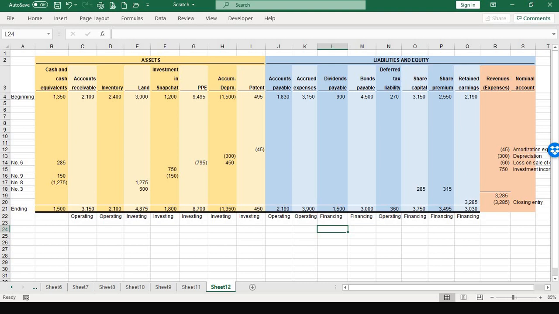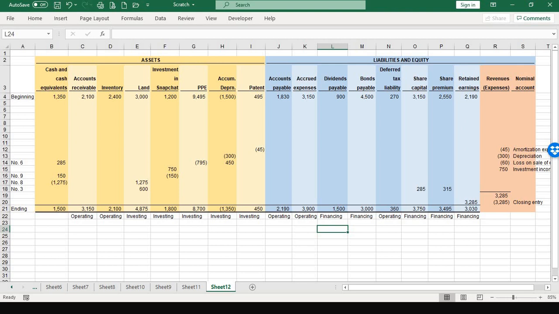So let's skip for this time the dividends payable and proceed to the bonds payable. The bonds payable has a beginning balance of 4,500 and an ending balance of 3,000 pesos.